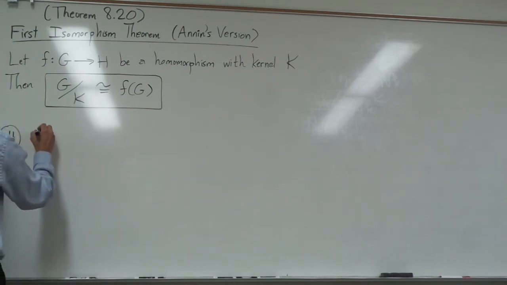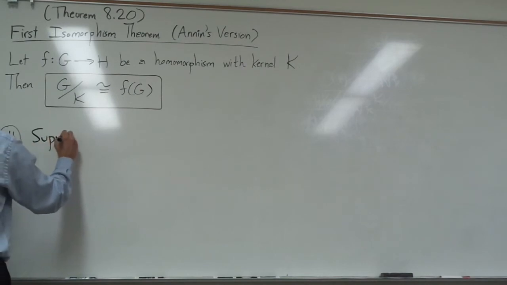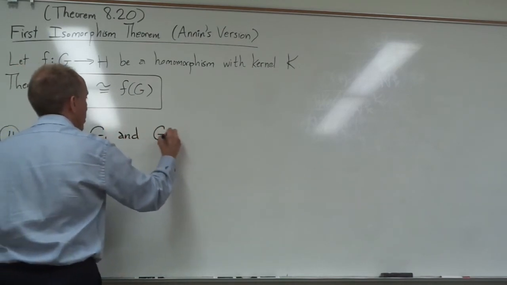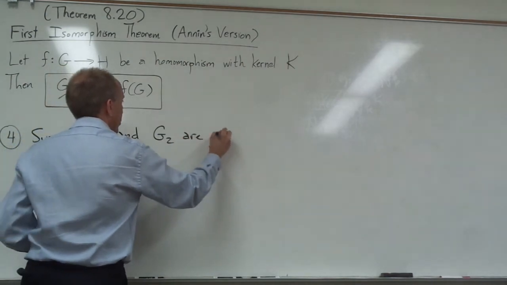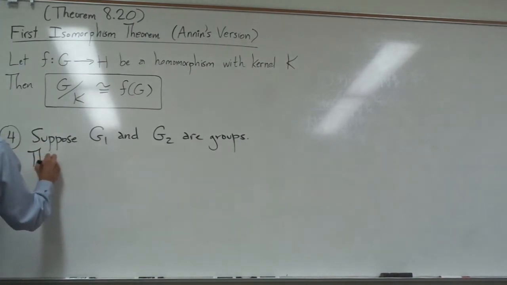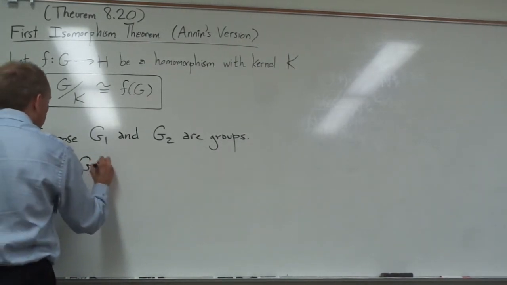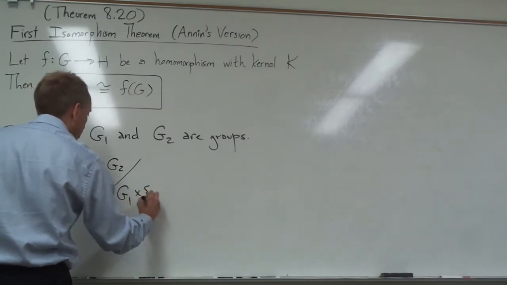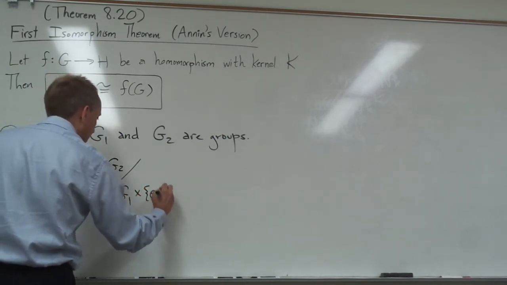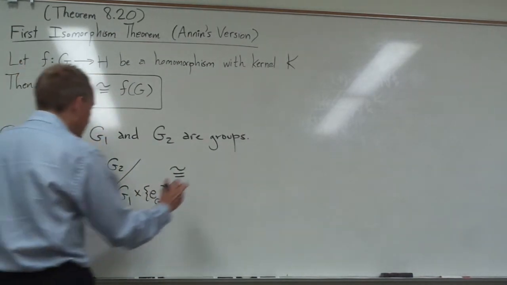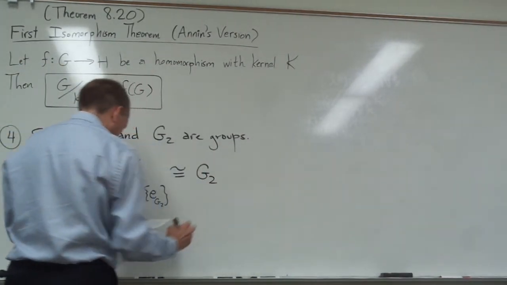So suppose G1 and G2 are groups. Then G1 cross G2, we can mod out by G1 cross the identity of G2. And I claim that that's just isomorphic to G2.